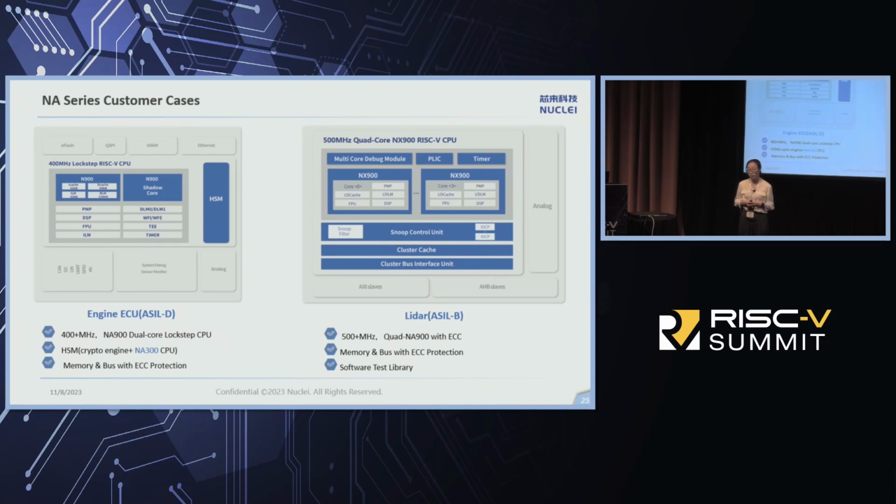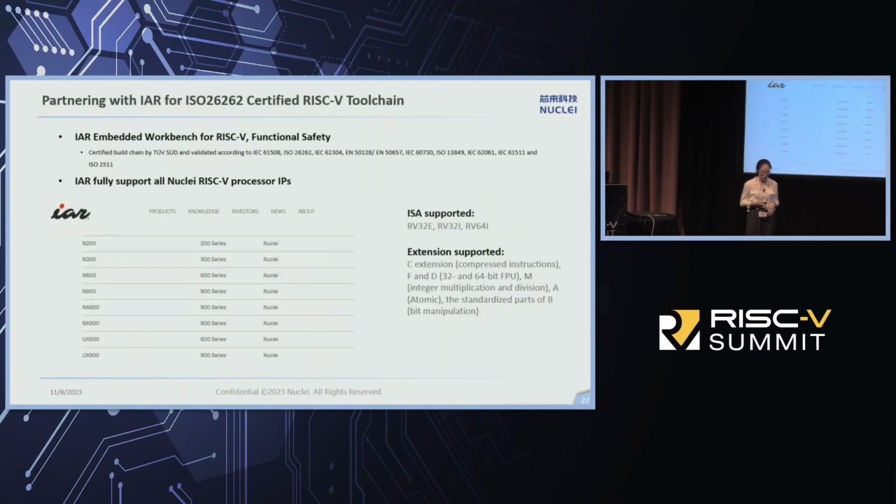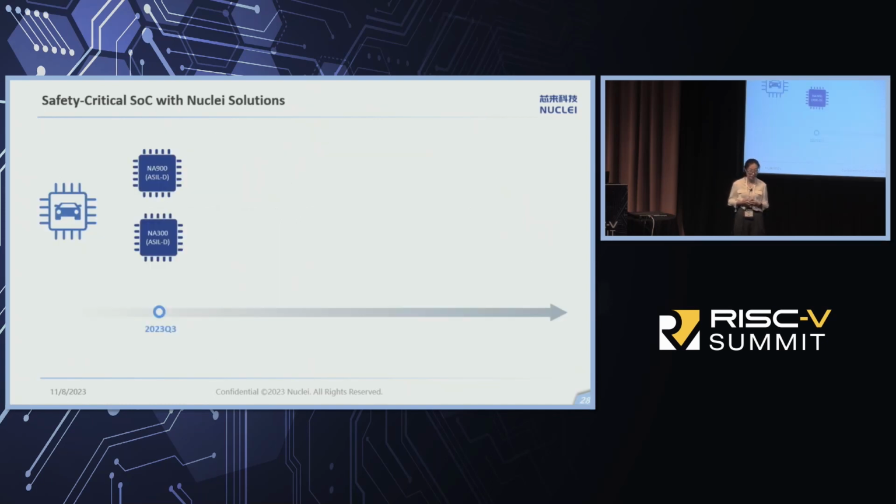One uses our dual core lockstep NA900, and the other uses the quad core NA900 with ASIL-B implementation. Along with the IP, we also provide the whole software development platform. It leverages open source, but the open source tool chain is quite difficult to get certified. That's why we're partnering with IAR. They have the certified IAR Embedded Workbench for RISC-V.